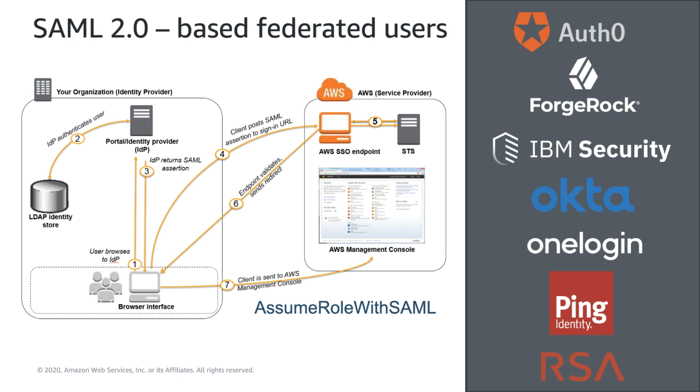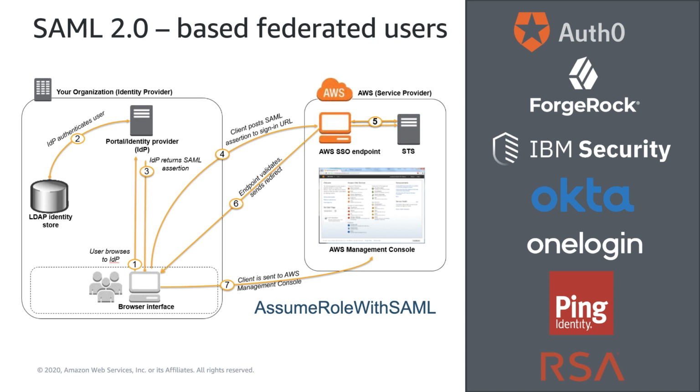Let's look at the user experience for this scenario. The user can start from accessing the AWS console and then will be redirected to the IDP. This is called service provider, or SP, initiated login because the AWS console plays the service provider role here. Or the user can start from the identity provider portal, provide credentials there, and then choose an application they'd like to single sign on to.